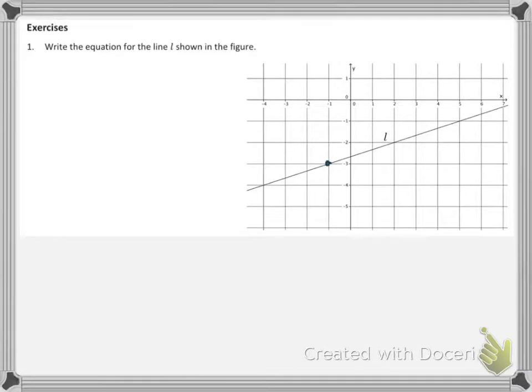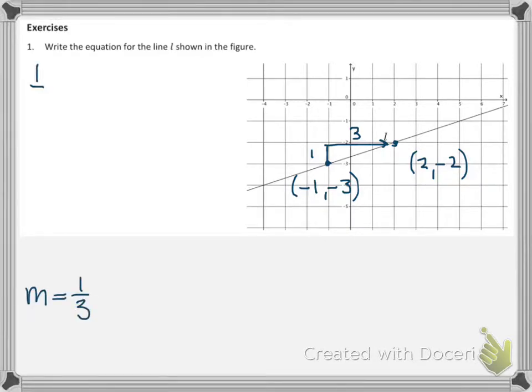Let's see, I've got a point here. That is the point -1, -3. And I have another point here. That is the point 2, -2. Okay? Slope is up 1, right 3. So the slope is 1/3. Point slope form, 1/3 times the quantity x minus our x.